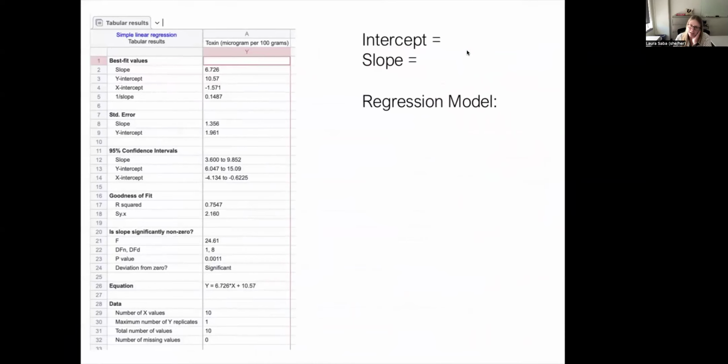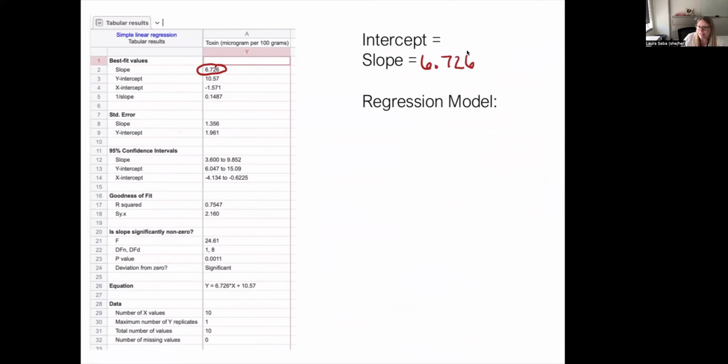So we get lots of results out from GraphPad, and I'll try to show you where to pull data from. So slope is super easy, right? Slope is adequately labeled here, 6.726.